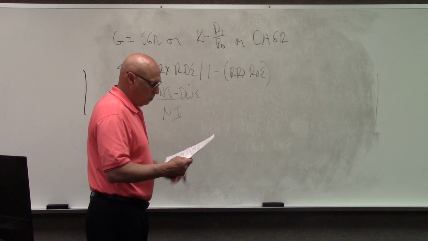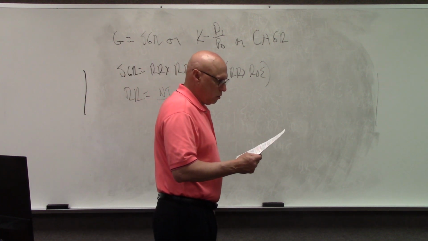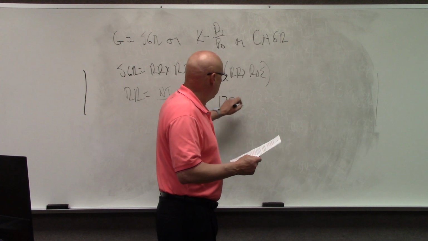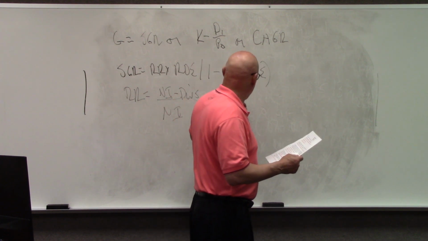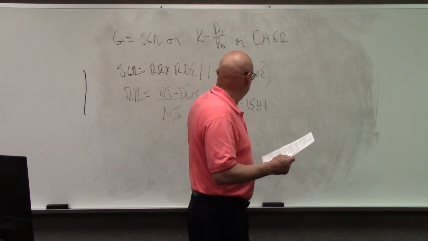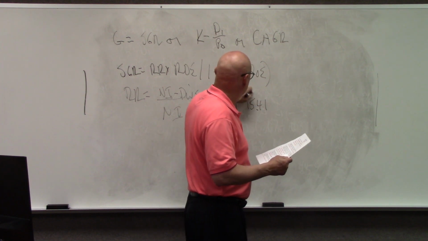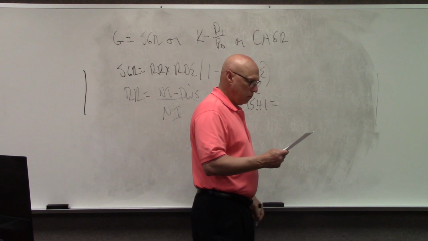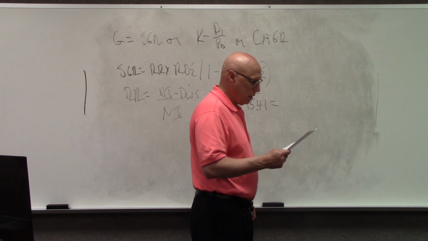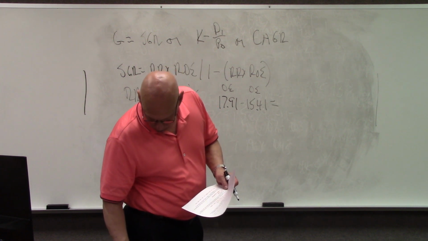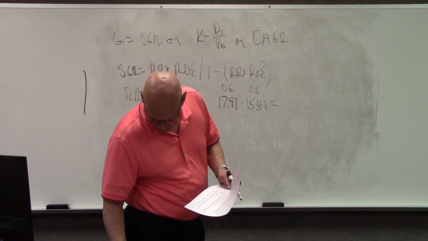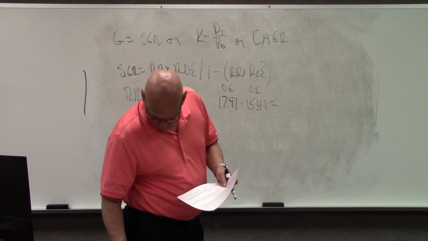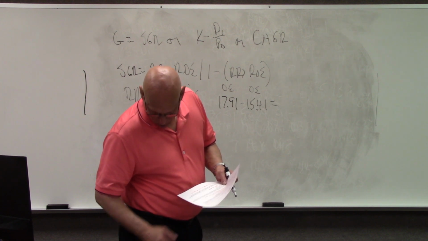Let's see, total owner's equity of 17.91 this year minus 15.41 of owner's equity last year, the difference in owner's equity, 17.91 minus 15.41, is 2.5.